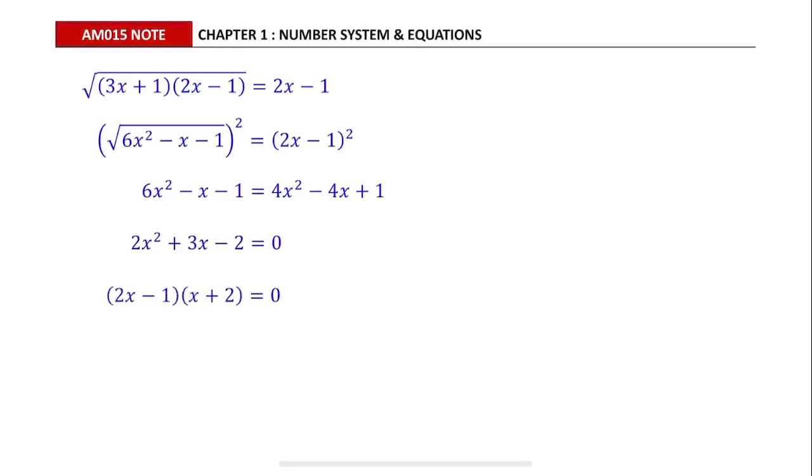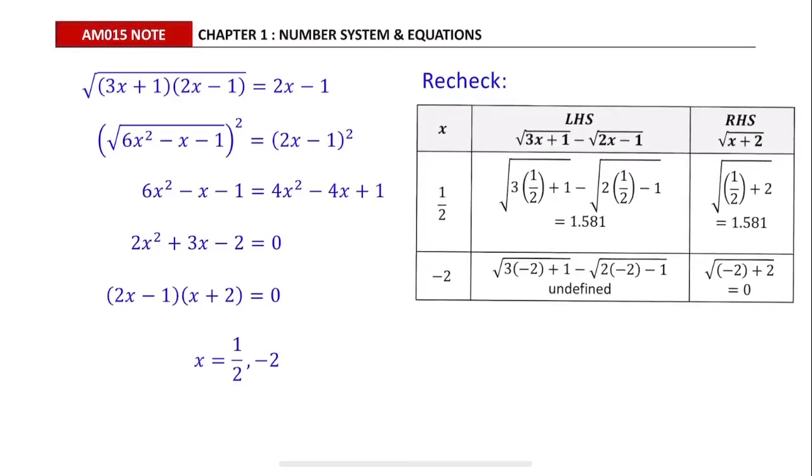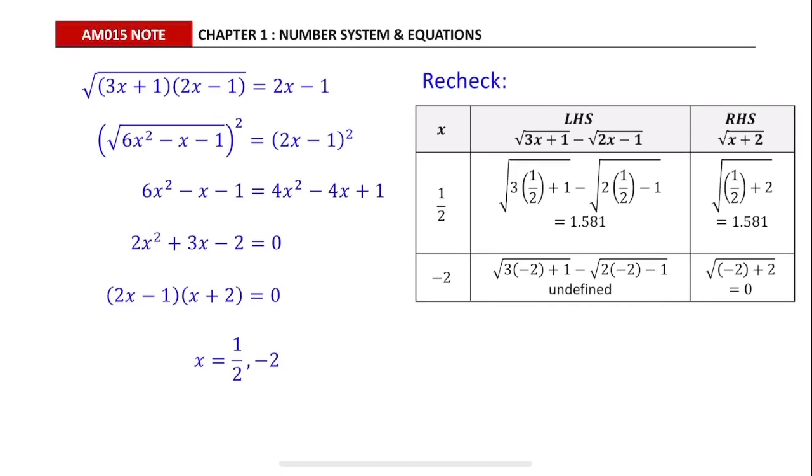Then factorize and we get the answer. After that, check the answer. When we substitute x equals 1 over 2, we get the same values on both sides. So the answer x equals 1 over 2 satisfies the equation.